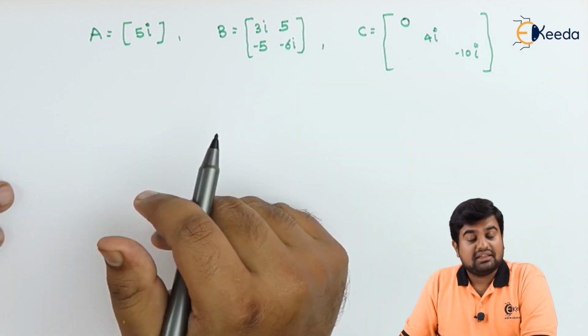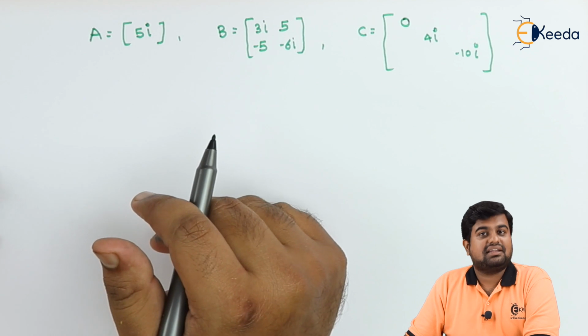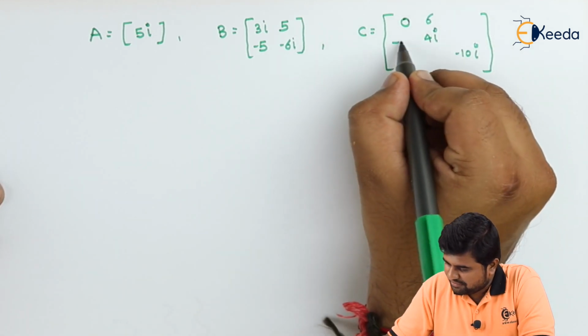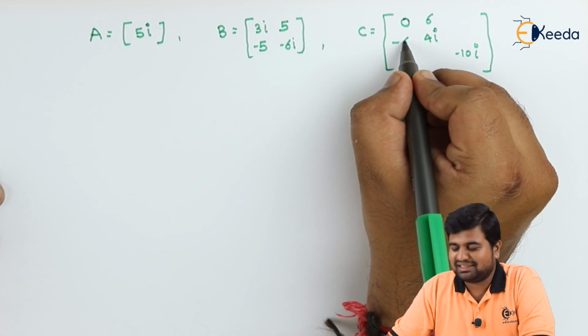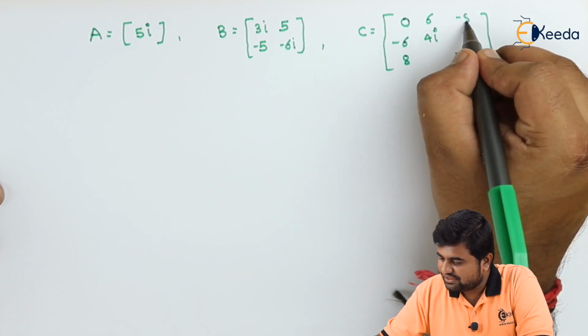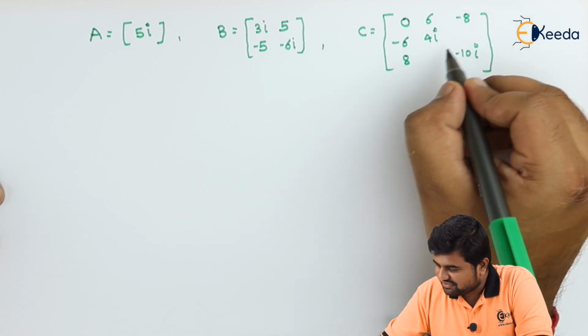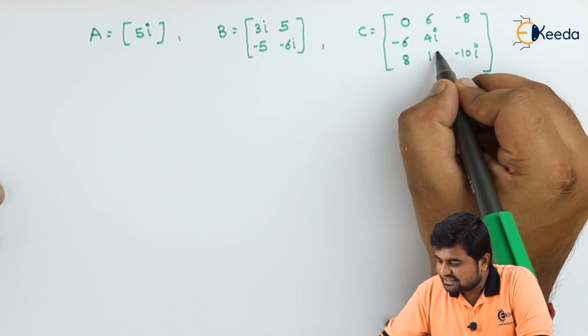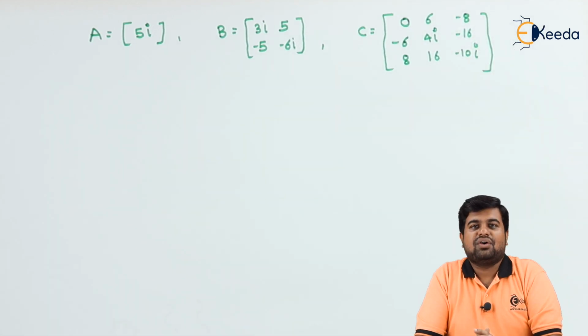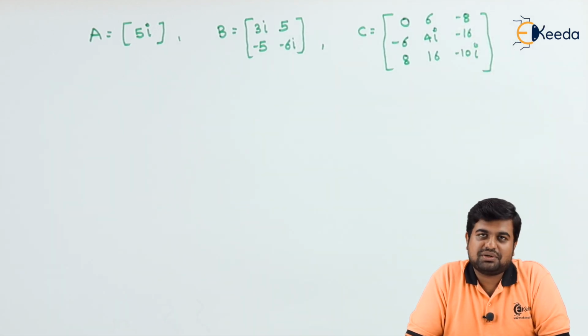Now let us focus on any other element. If we have 6 over here, I should have minus 6 as my corresponding element. If I have 8 over here, I should have minus 8 over here. And if I have 16 over here, I should have minus 16 over here. And this is how we construct a 3 by 3 skew Hermitian matrix.